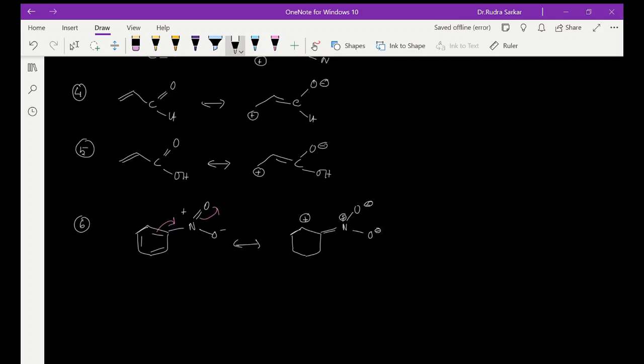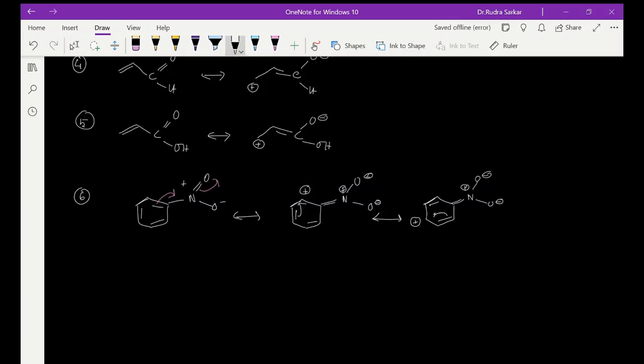And because of this electron withdrawal by the nitro group, a plus charge is being created at a position 2, which is also called the ortho position. Now if you think of generating another resonating structure, what you would find is that the plus charge now comes to the para position with respect to the nitro group.